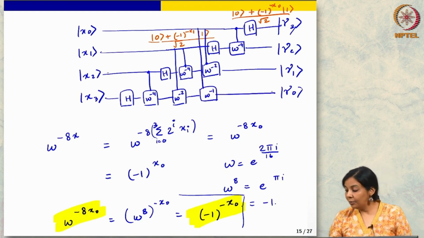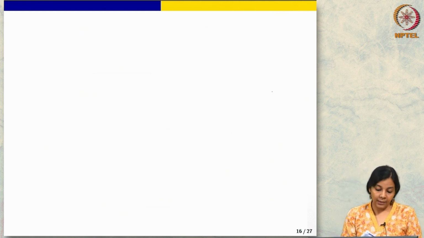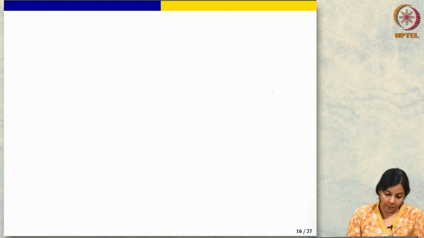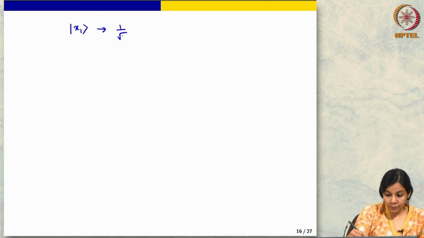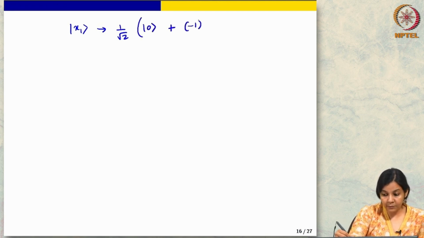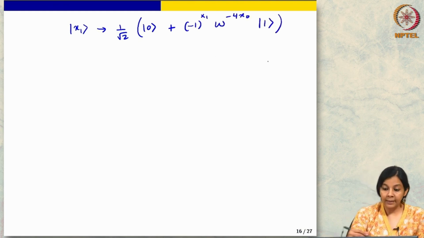I would like you to verify for yourselves the other bits. If you want, I can write them down in any case. So x1, as we already saw, goes to 1 over root 2 0 plus minus 1 to the x1 omega to the minus 4 x0 1. This one we did in complete detail.